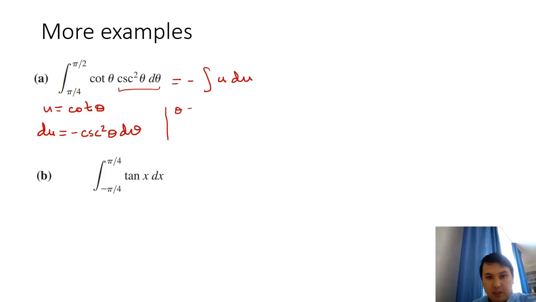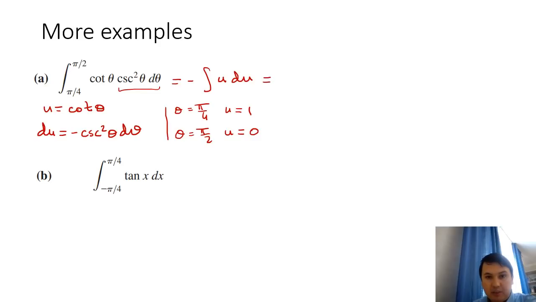So when theta is pi over 4, what is u? u is cotangent pi over 4. This is 1. When theta is pi over 2, cotangent pi over 2 is cosine over sine. Cosine pi over 2 is 0, so this is 0, right?